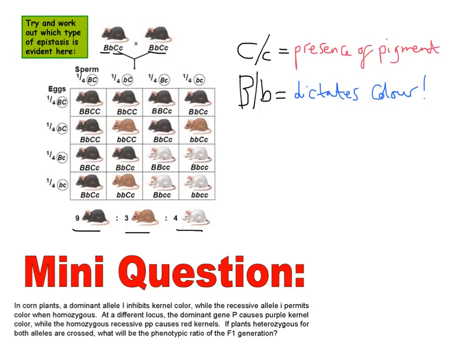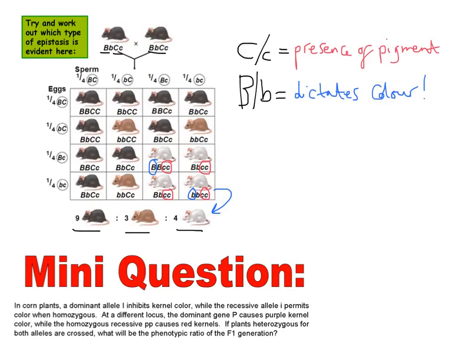Now you might have spotted that the homozygous recessive for c actually means albino, hindering the other alleles from being expressed. So if you have a look here, and I'll just circle these in red, when you've got two of the little c's there, homozygous recessive, and there, and there, and there, notice that it doesn't matter whether we've got a big B or a small b, they're always going to end up this albino colour.